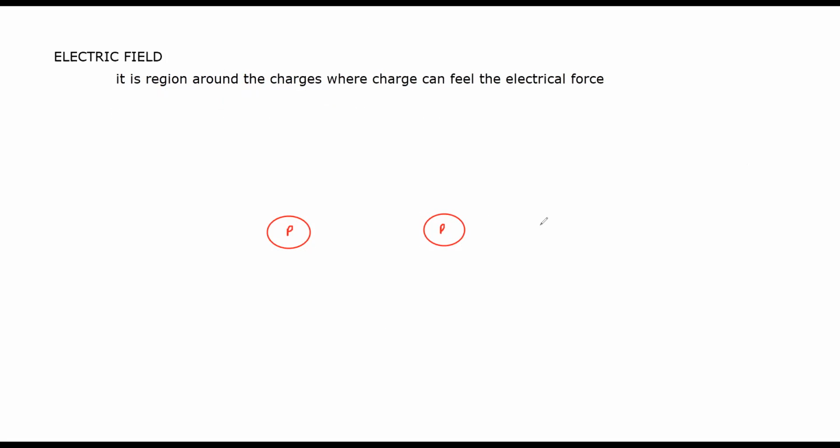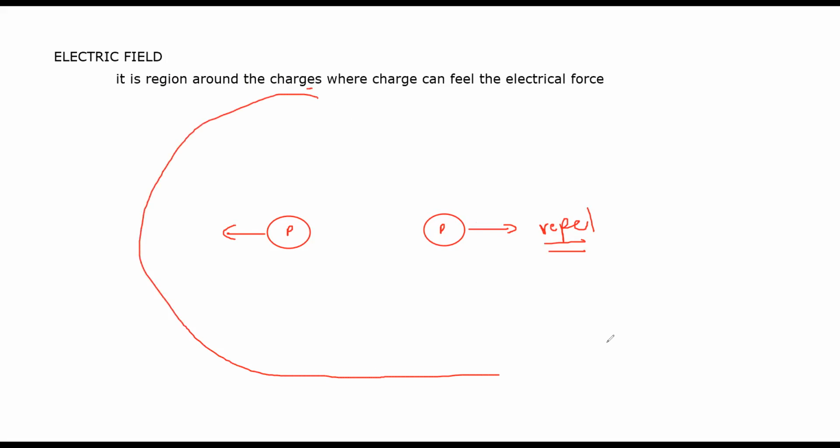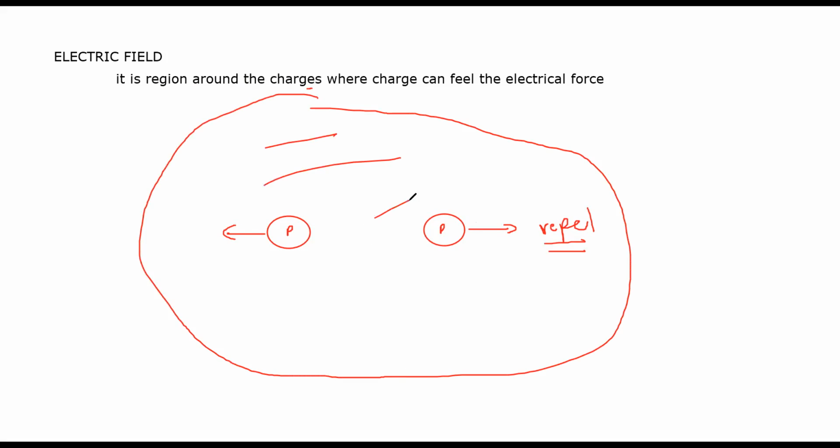Like charges will repel each other. Identical charges repel, so they try to push each other. The region where these two charges can exert force on each other, that whole region is known as electric field.